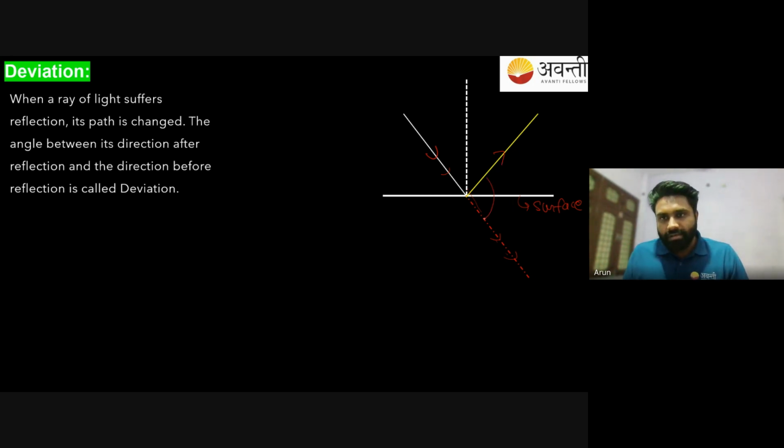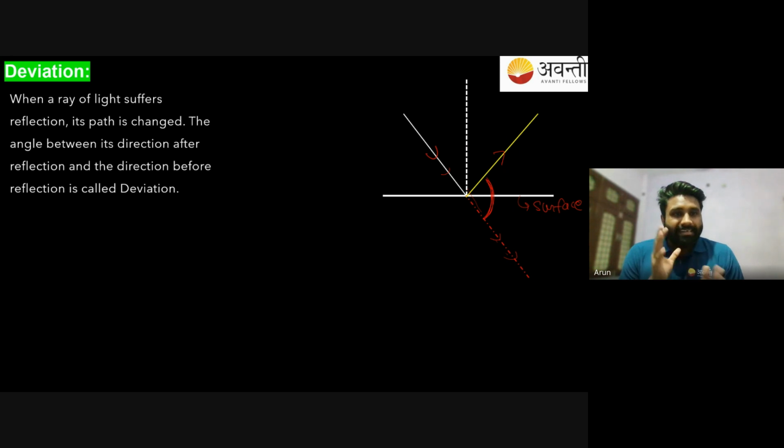So with the deviation part, we are defining the deviation as the angle between the reflected ray and the ray without reflection. You can also read the definition. When the light ray suffers a reflection, there is a change in the direction.